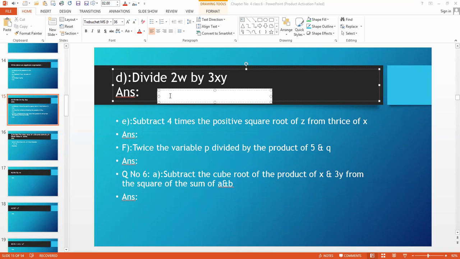Here they are saying 2w by 3xy. Now we come to the next one. Subtract 4 times the positive square root of z. So I have to use this line for a square root.